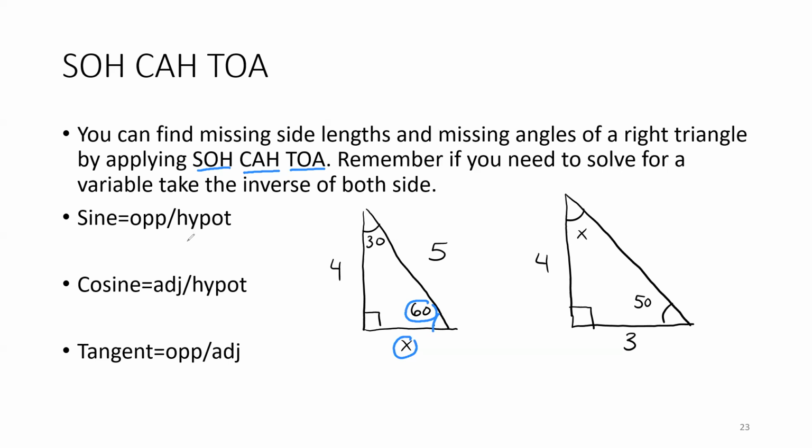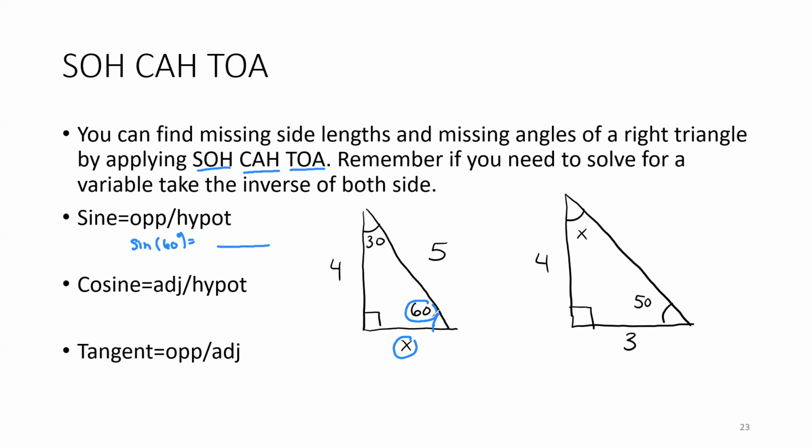What you want is a known value and an unknown value. So could we apply sine? Sine of 60 would be opposite over hypotenuse.